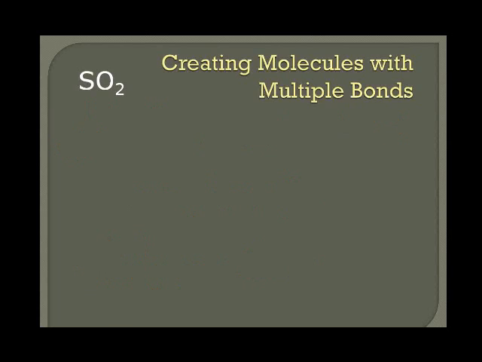Let's take a look at SO2. Again, we run into the problem of having no hydrogens and no halogens, so we have to use the electronegativity difference. Sulfur has an electronegativity of 2.5. Oxygen has an electronegativity of 3.5.